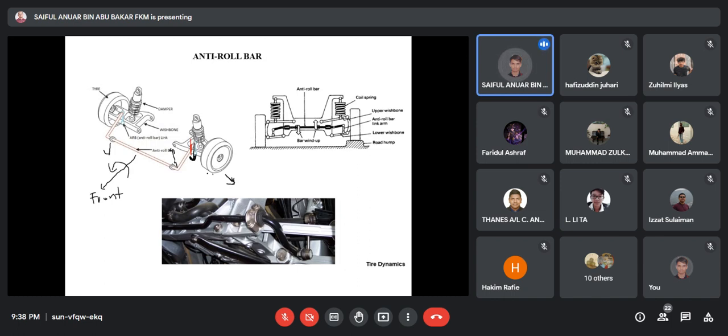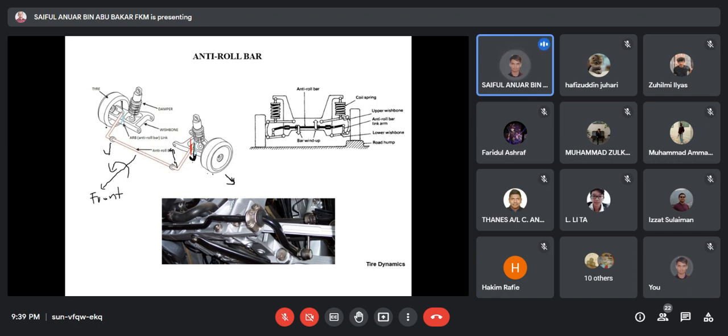So it will roll, but your car will not topple over. This side will be pushed down, so the load transfer goes here, and there won't be any excessive load over here. This one goes up, that one goes down, but this one is still in contact because we still have the load transfer.